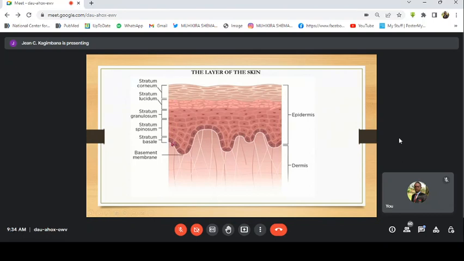This is the young one. It divides itself and goes up to here. What you can notice here at the basement membrane is that they are nucleated. As they go up, they tend to be flat.